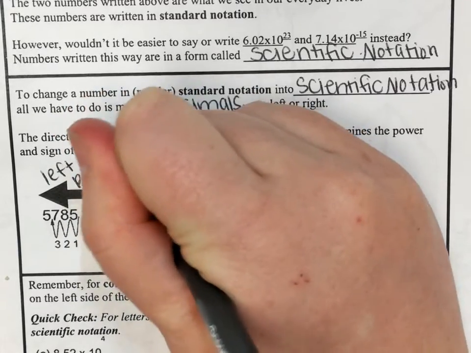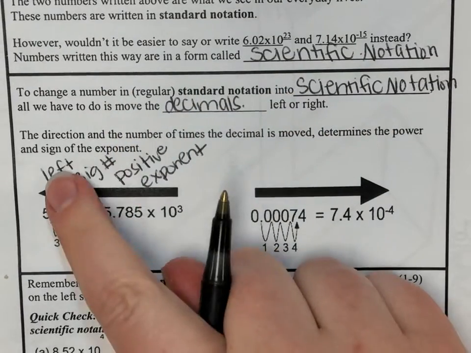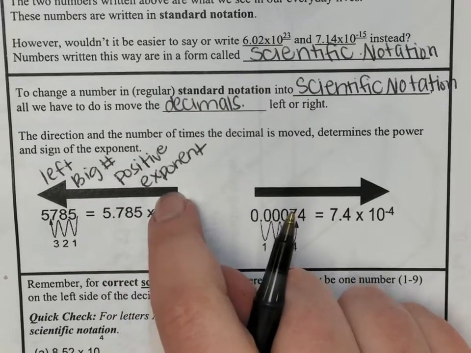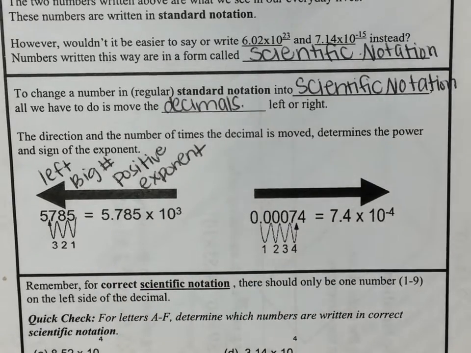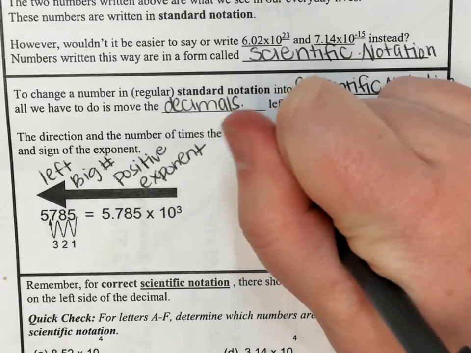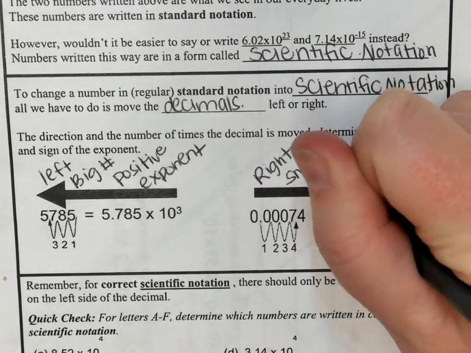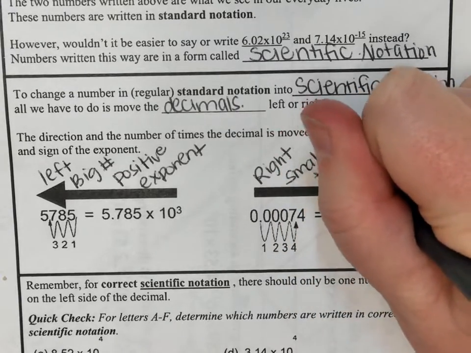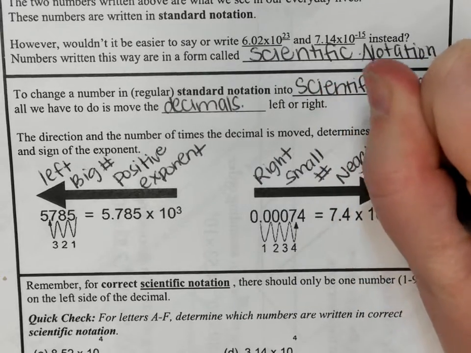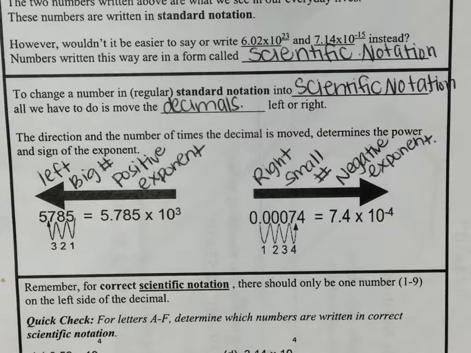So we move our decimal to the left when it's a big number and it's a positive exponent. If we move our decimal to the right, it's a small number, which will give us a negative exponent. Okay, and as we practice more, that's going to make more sense.